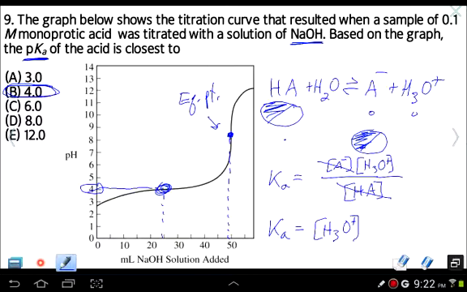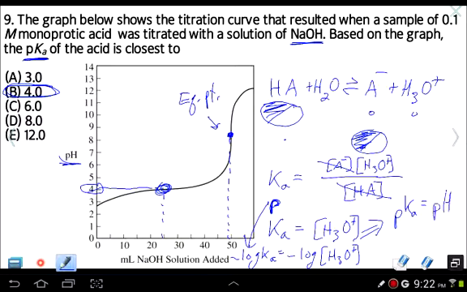Now, if you take the negative log of H3O plus, you'll get pH. That's by definition what negative log means. So if you do negative log of H3O plus on the right side, you also do negative log of Ka, and this negative log operator is actually the P. This is what we mean by the P. So effectively, you get pKa equals pH.